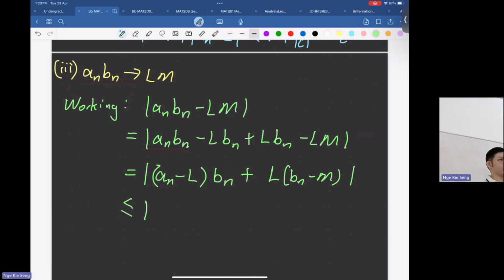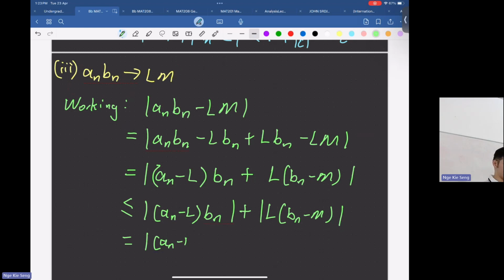The absolute value of an minus l times bn is less than, plus absolute value of l times bn minus m. So I can go further a bit: absolute value of an minus l times bn plus the absolute value of l times absolute value of bn minus m.